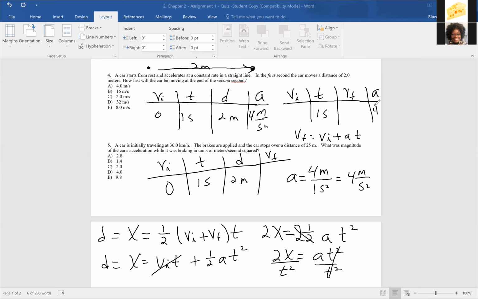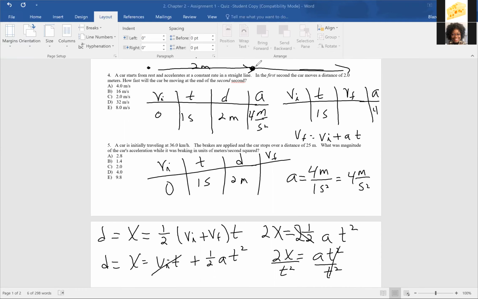Okay, now I found that out. Now I need to know, once it has accelerated at 4 meters per second squared, what is the speed? In other words, how fast is it going before it begins its second of movement?